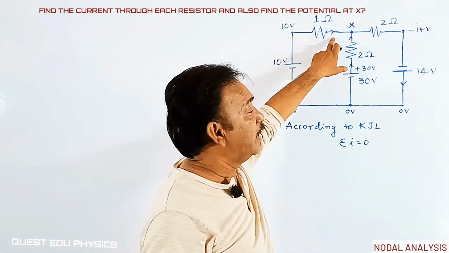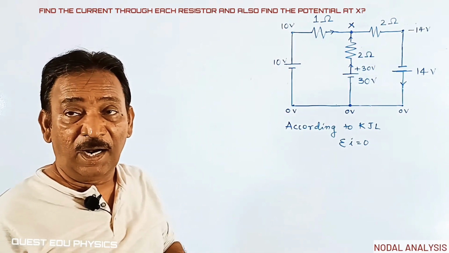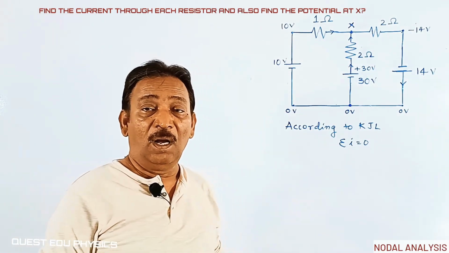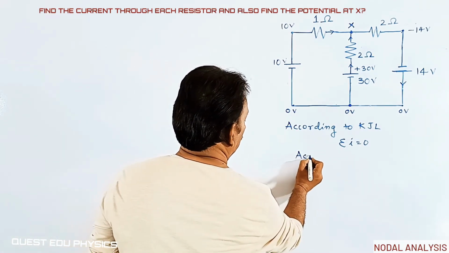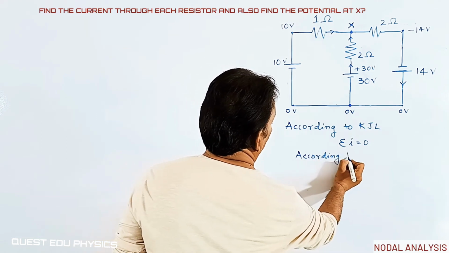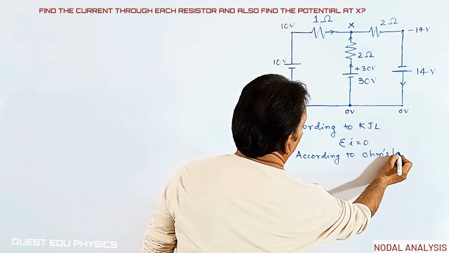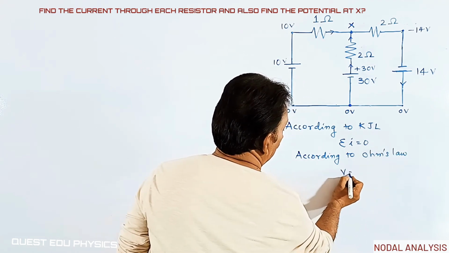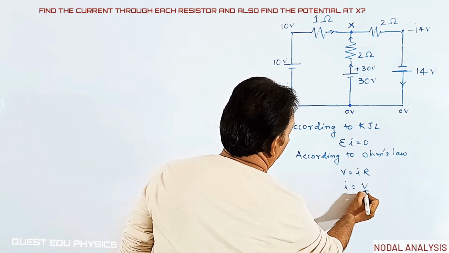Let's say here the currents are I1, I2 and I3. And we also learned Ohm's law: V is equal to IR, and I is equal to V by R.